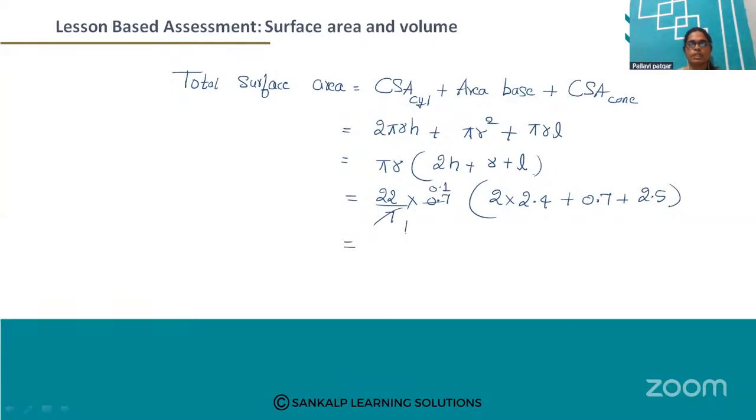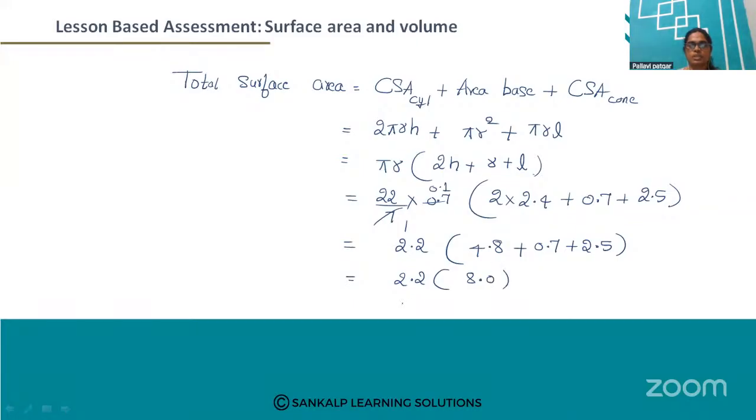So 22 into 0.1 is 2.2 into, here 2.4 into 2 is 4.8 plus 0.7 plus 2.5. Add this, 2.2 into here add 4.8, 0.7, 2.5. This is equal to 8.0.